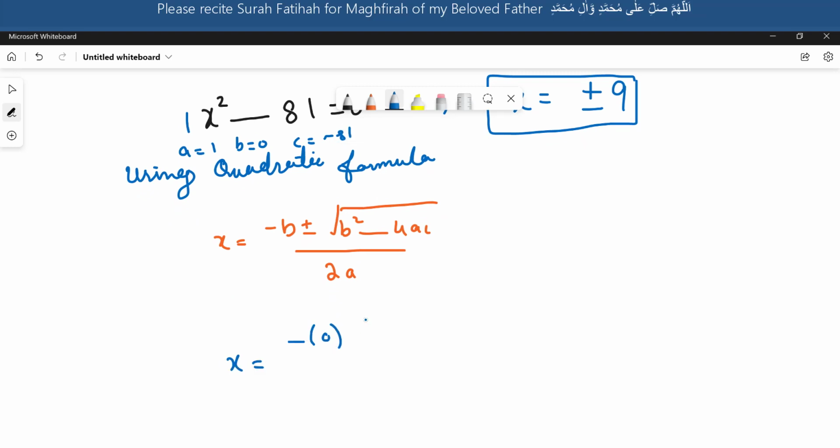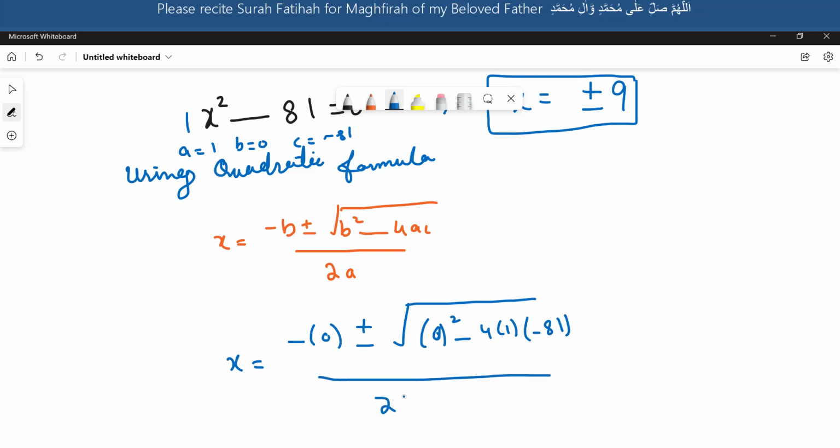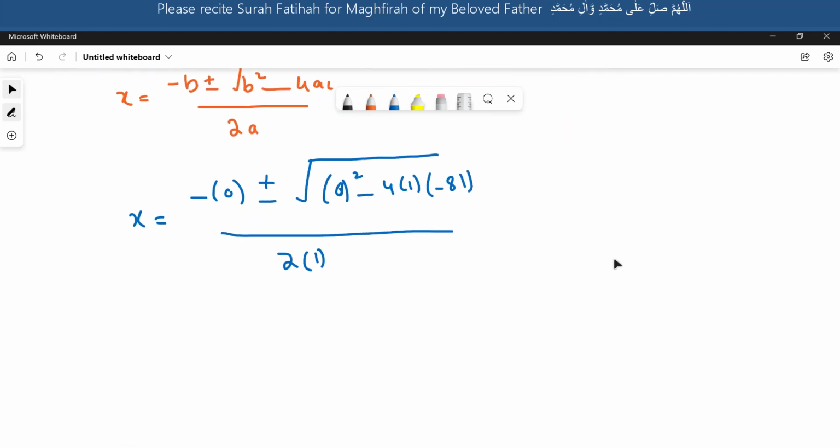Okay, so we are going to put the values in this equation. x equals minus 0 plus or minus the radical of 0 squared minus 4 times 1 times minus 81. You must remember the sign. You must see the sign of the coefficient. Here it is minus 81, so you must put minus 81. Minus times minus, negative times negative, is positive.